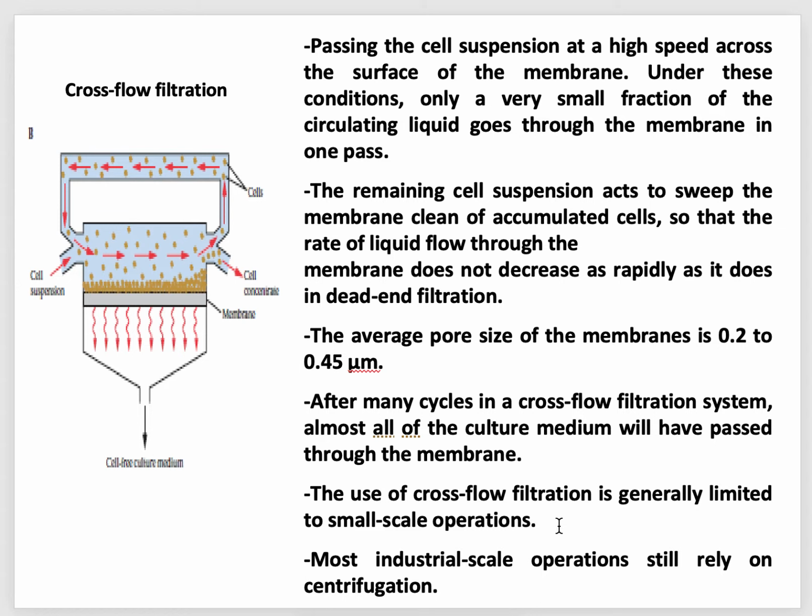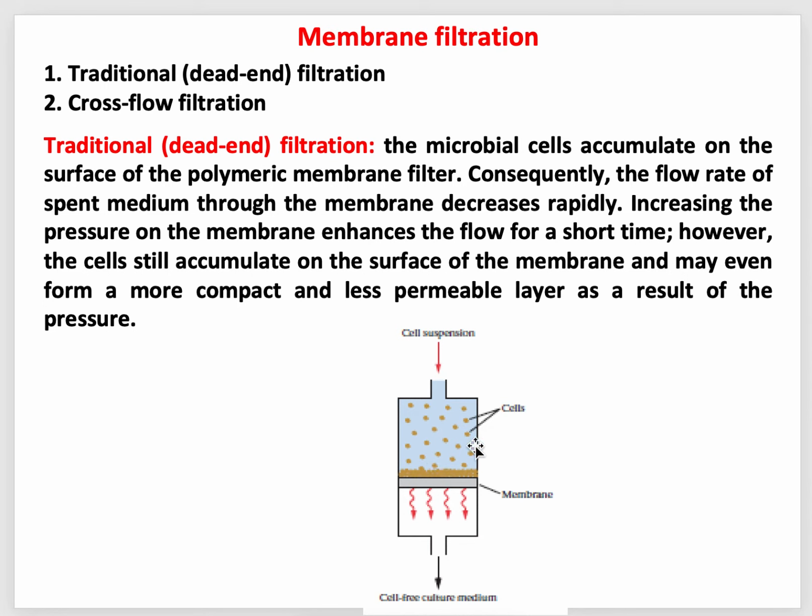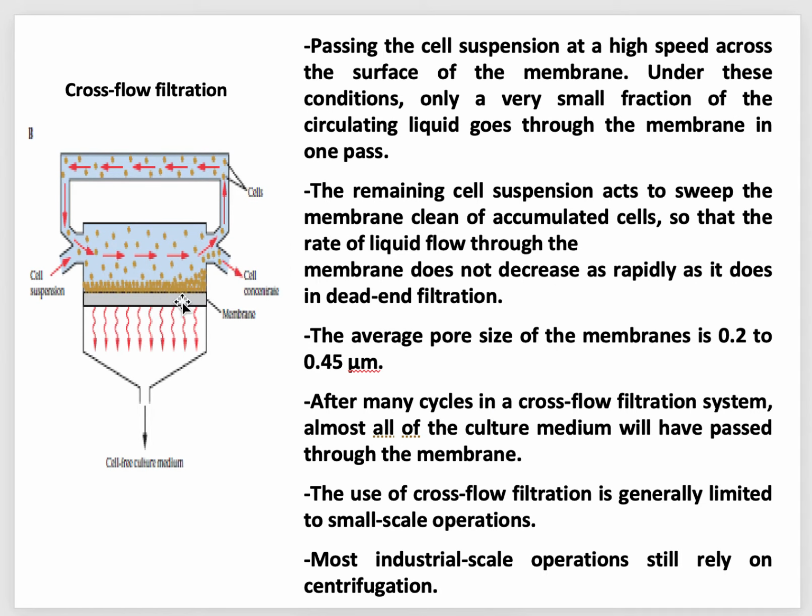The use of cross flow filtration is generally limited to small scale operations, because although it has some benefit over the traditional dead-end filtration, the filters still get clogged. The clogging may be delayed, but they eventually get clogged. So that's why till now centrifugation is most widely used in the large scale industry, not the filtration system.